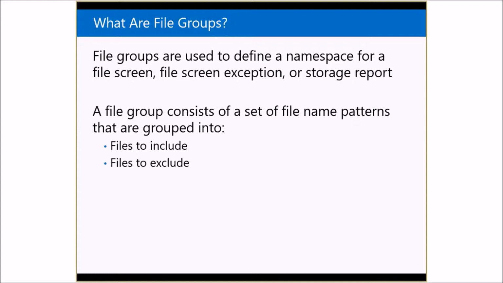File groups consist of a set of file name patterns. So that's why we use the star dot something. That's a pattern, isn't it? Anything dot this fits this pattern. If it's included, it means it's part of the screen that's been blocked. If it's excluded, it means that of this group of files that's going to be blocked, this particular file is going to be allowed through. Okay.